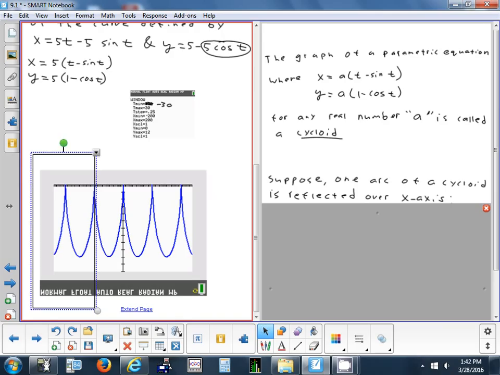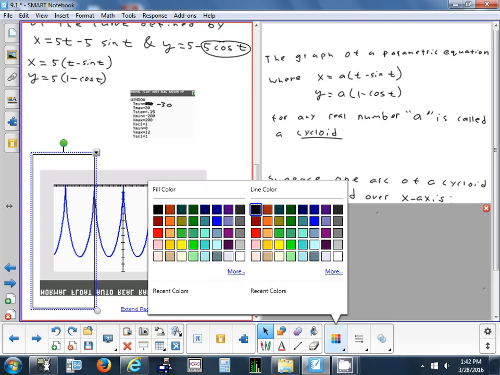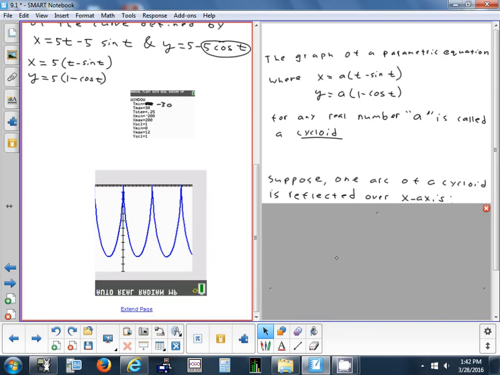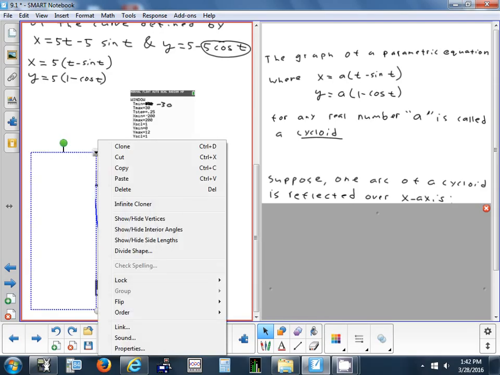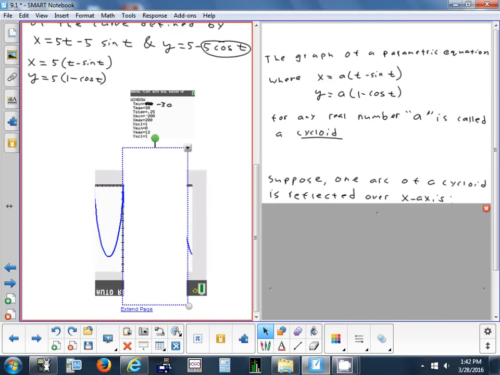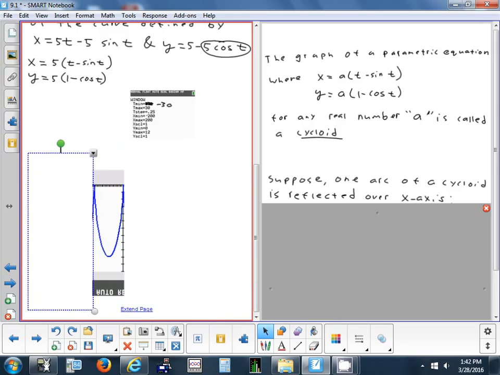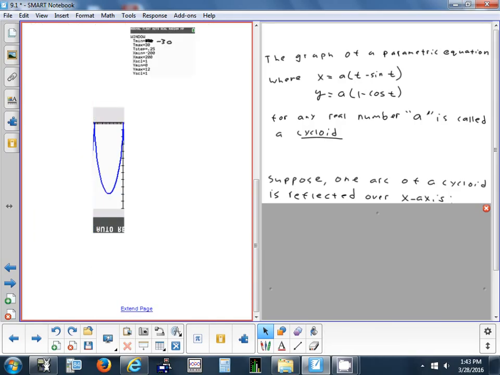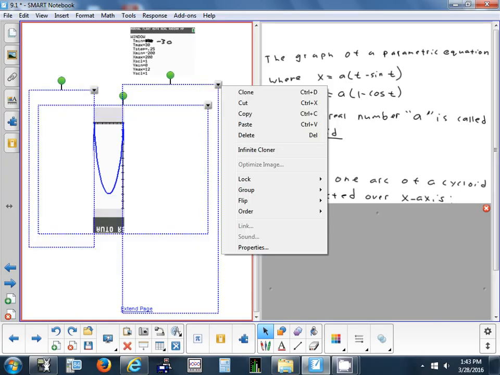Let's see if I can do that. Okay. Right. So just focus on that one section. Let's just group all that together.